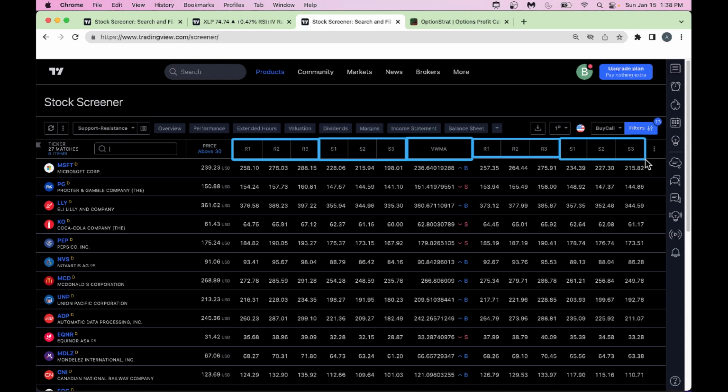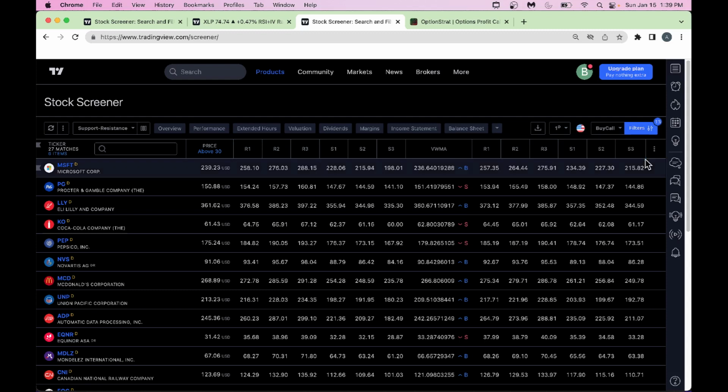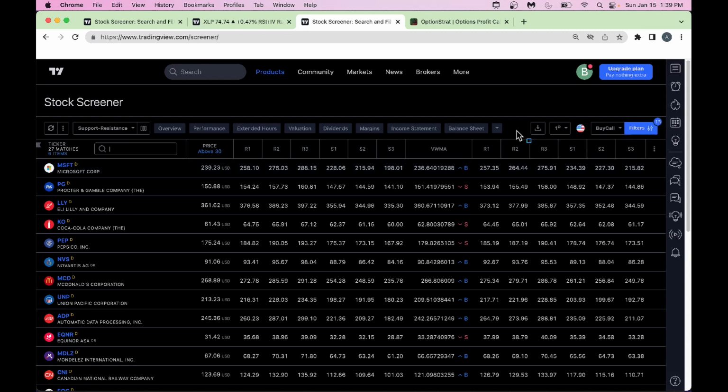At least my favorite way to buy call options is around delta 70 or so. And you could also look at these levels here. I normally use S2, which is UDI's S2 level here. Around S2 is where I know there's a good support level, and the stock may not come down below the support level because it's a very good support level.